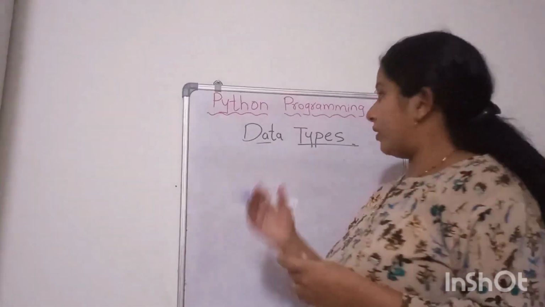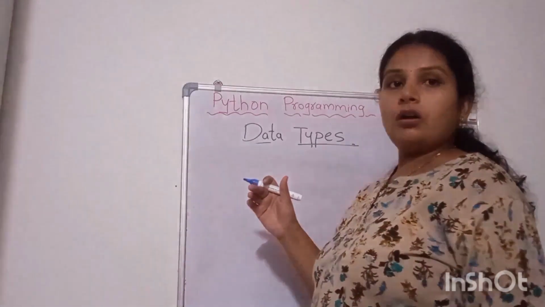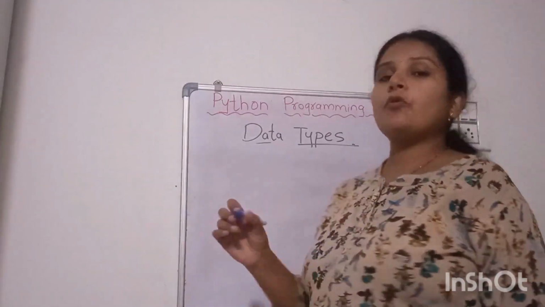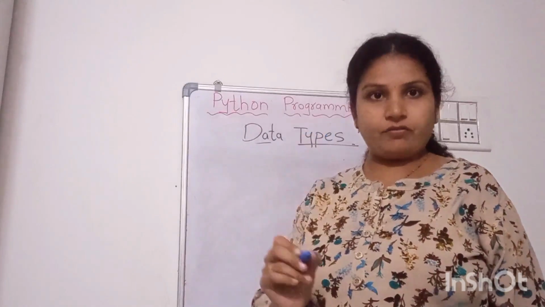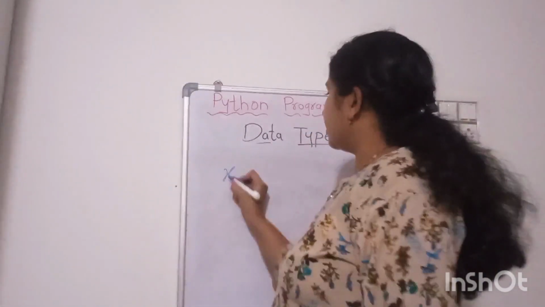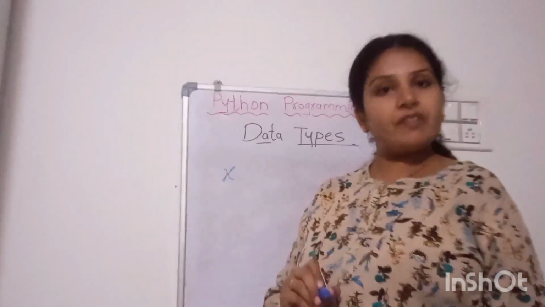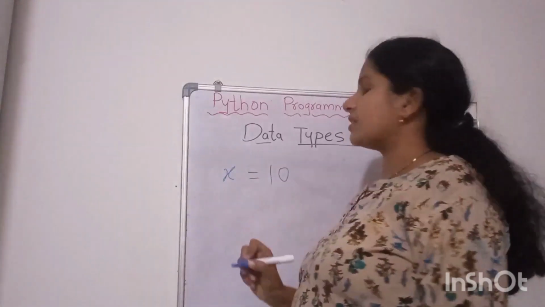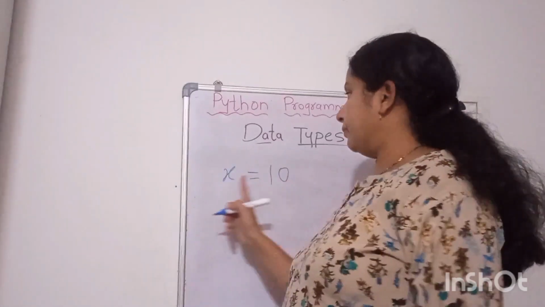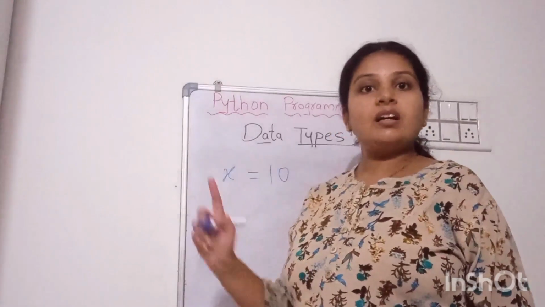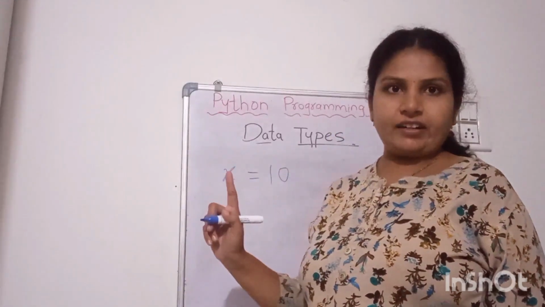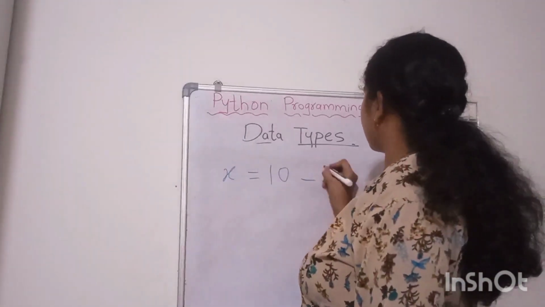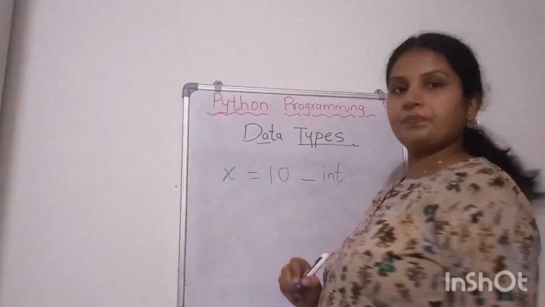Okay, so let's see the examples of those which we have already seen. Suppose we take one variable called x. X is our variable, and if I am assigning the value 10 to this x, this will be integer data type, right? So x is equal to 10, this is integer.